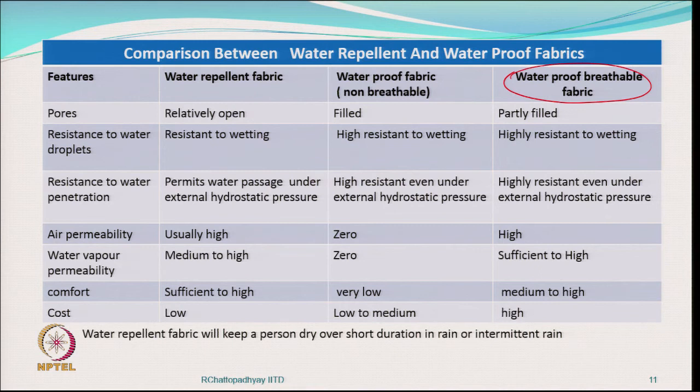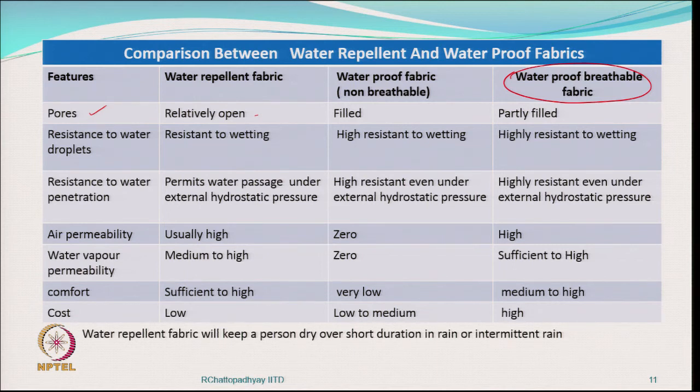Let us try to see a comparative statement of these three types of fabrics in this particular table. What we see here, if we discuss features like pores, then in water repellent fabrics the pores are relatively open. Waterproof fabrics are all filled, therefore they are non breathable.